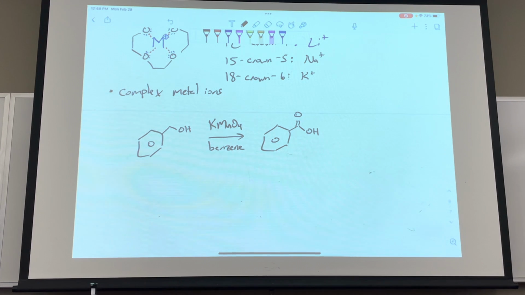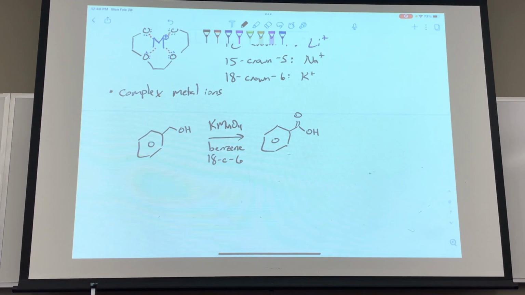If the permanganate ion is just clustered and tightly bound to its counter ion, then it cannot do any oxidizing chemistry. So what we would do in a case like this is throw in 18 crown 6. Remember, it complexes the potassium ion. So essentially it's going to strip away the potassium from the permanganate, and at that point you've liberated the oxidizing agent and it can go and do its thing.